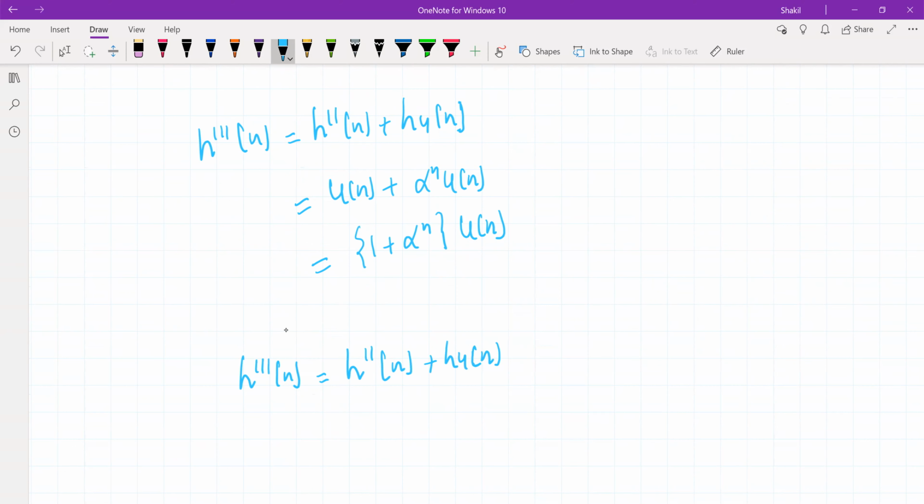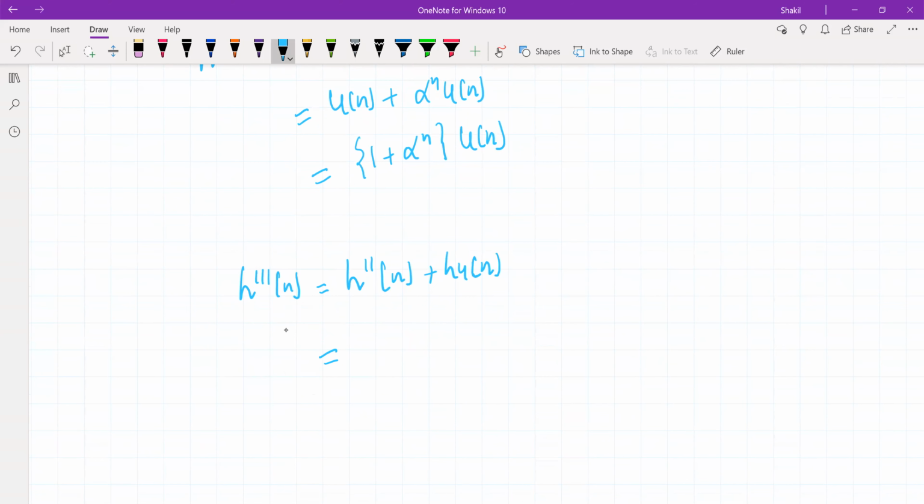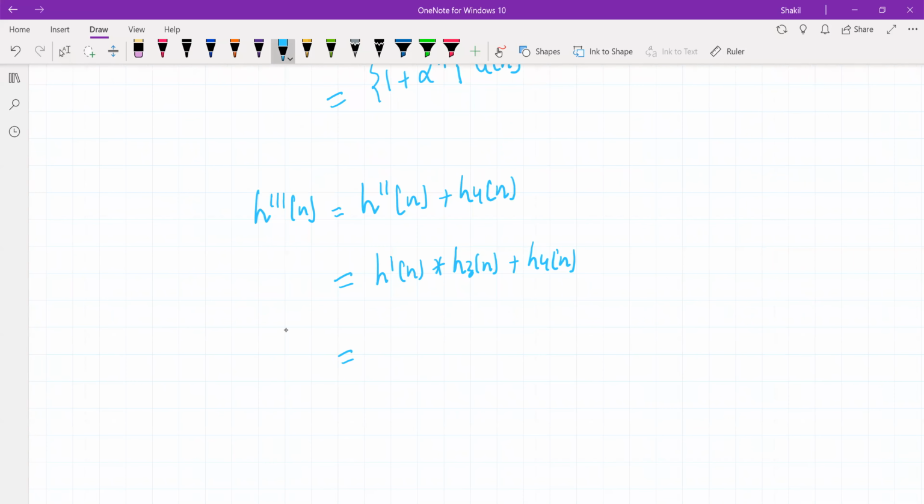And h double dash of n was simply h dash of n convolved with h3 of n, and h dash of n was h1 of n plus h2 of n. So h triple dash of n is h1 of n plus h2 of n, convolved with h3 of n, plus h4 of n.